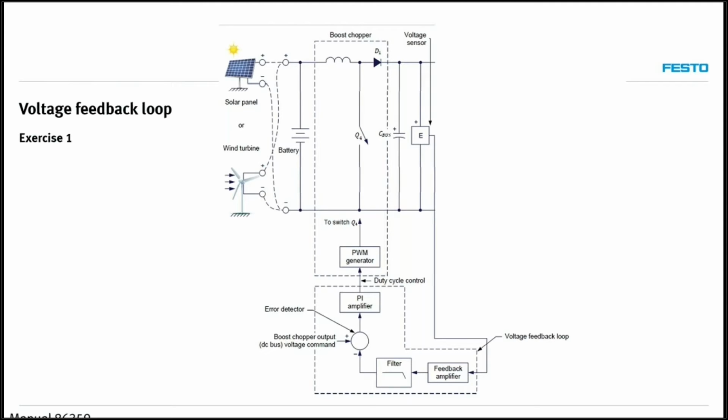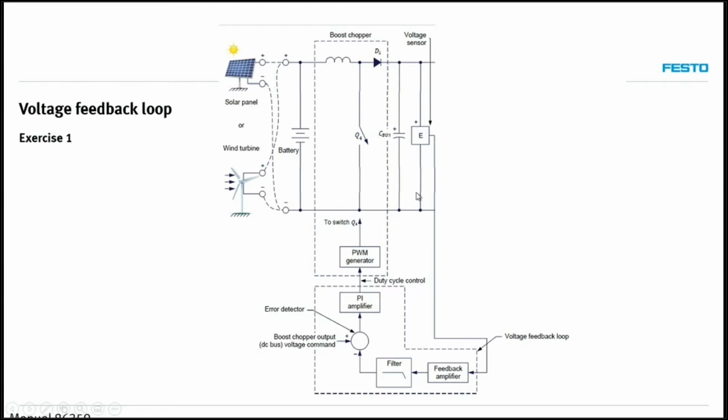Voltage feedback loop. Here, we make sure that no matter the amount of voltage at the battery, because the battery of course gets depleted, and as it depletes the voltage gets lower and lower, we want the voltage at the output of our boost chopper to remain constant to power the loads on the other side.